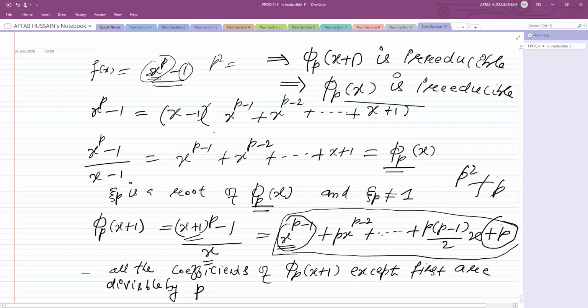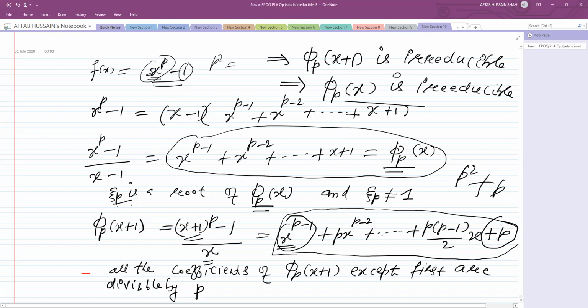Now phi p of x is monic, satisfied by zeta p, and it is irreducible. So therefore, it is the minimal polynomial of zeta p. So this means phi p of x is the minimal polynomial for zeta p. So therefore, the degree of extension, is it clear to you?